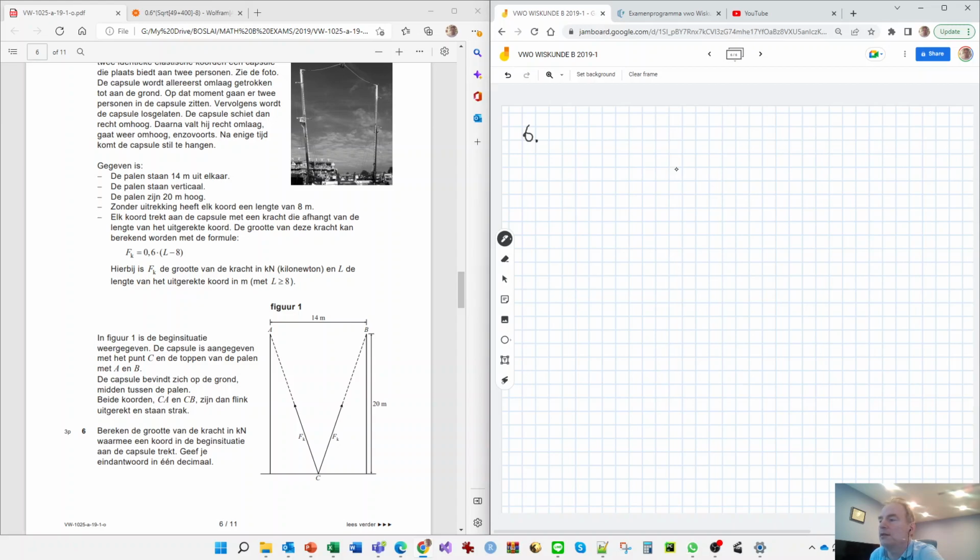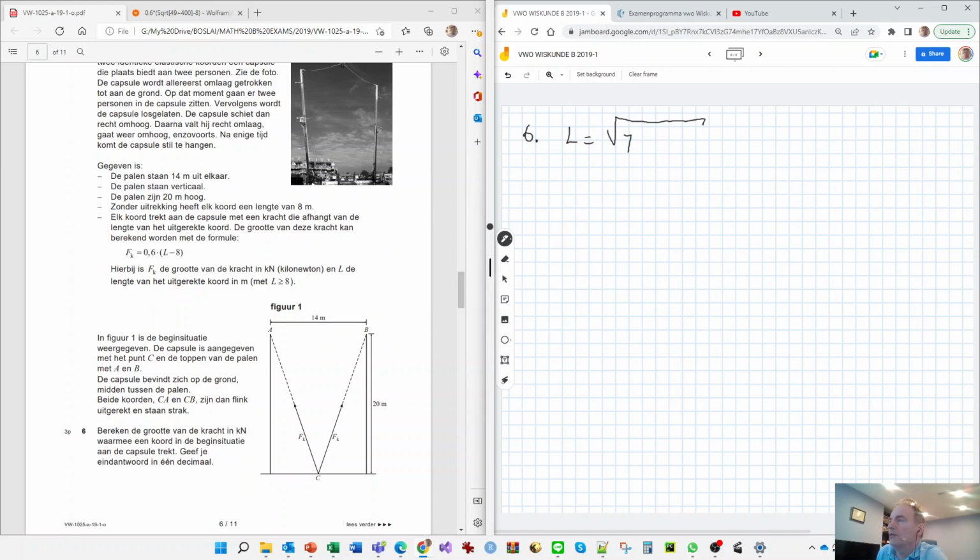Okay, well, we have Pythagoras, so we know the distance from C to a post, and we know the vertical distance, so we can calculate what L is. Well, L is the square root of 14 divided by 2, so it's 7 squared plus 20 squared.